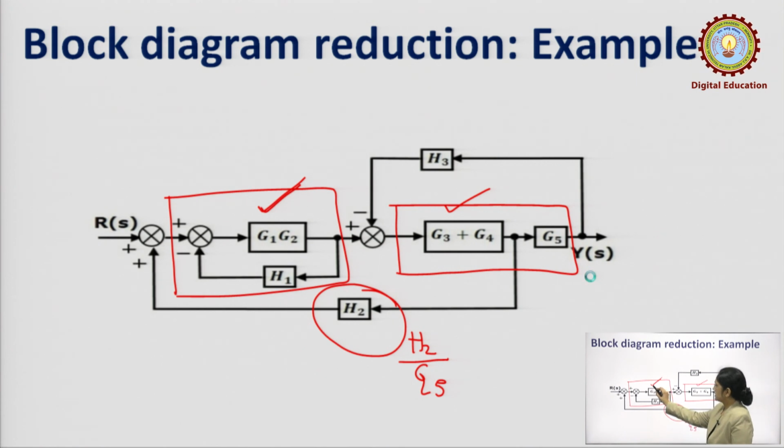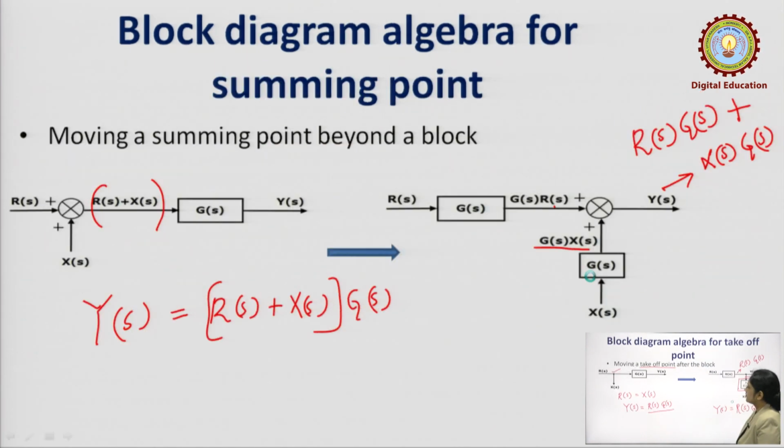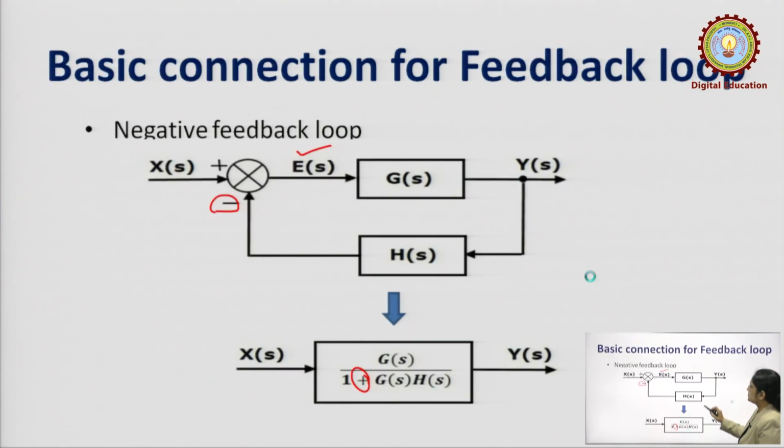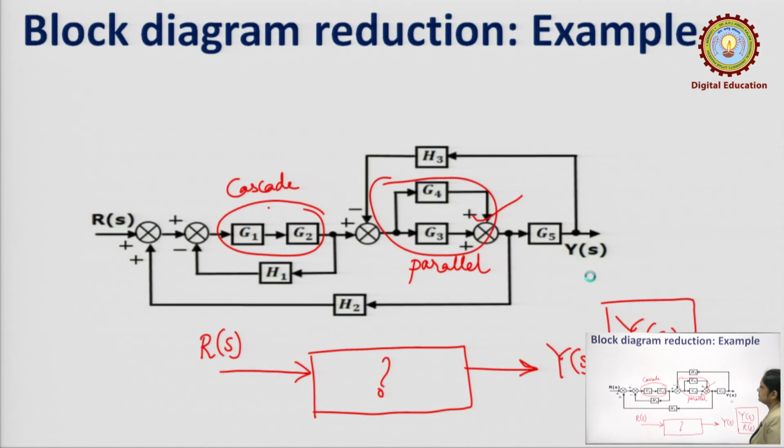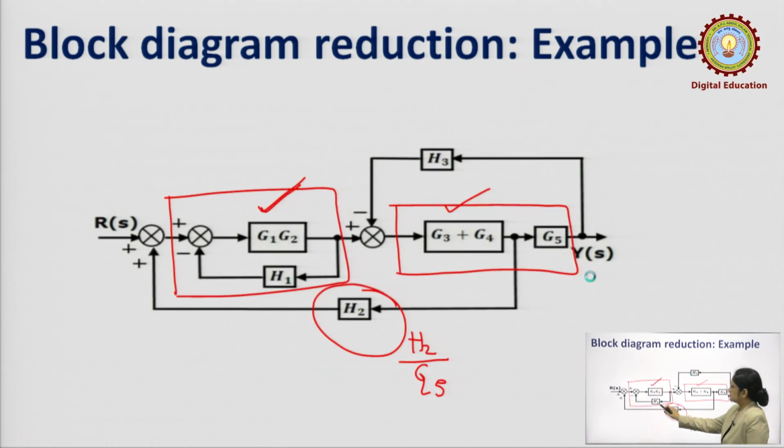And now, another thing, that is the feedback loop. G1 and G2 are in the forward path, whereas H1 is in the feedback path. So, we can reduce this with the combination. Yes, there is a gain here and there is a feedback loop here. So, what is the combination? It is G of S divided by 1 plus G of S H of S. It is a negative sign here, and therefore, here also we can see that there is a negative sign. This is having a negative sign in the original. So, what is the result of this block?